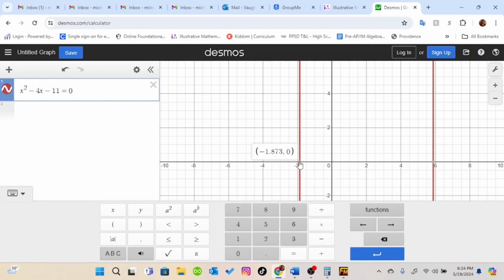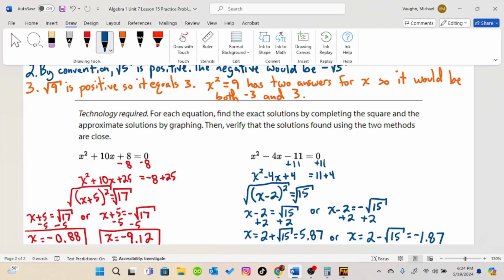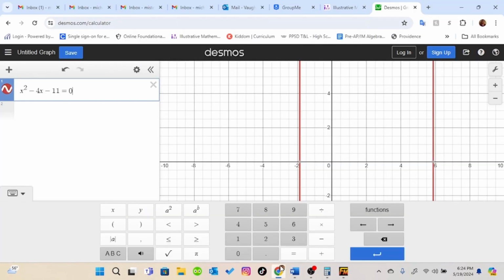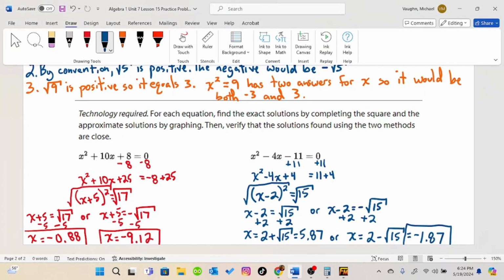We have one answer at negative 1.87, which matches the second answer we got. And our other answer is at positive 5.87, which matches the first answer we got by completing the square.